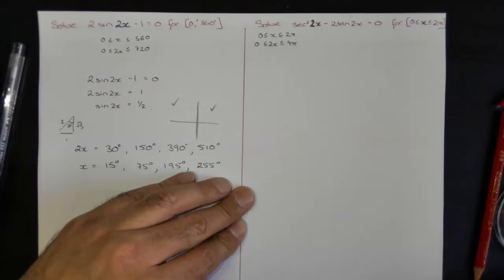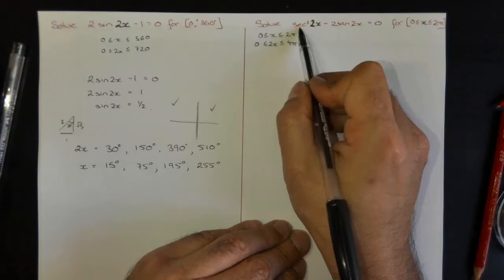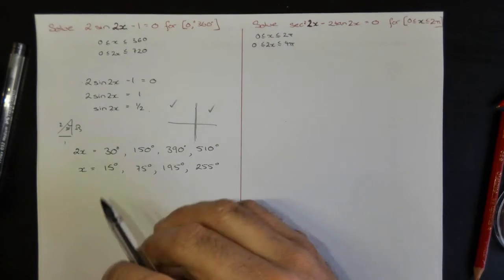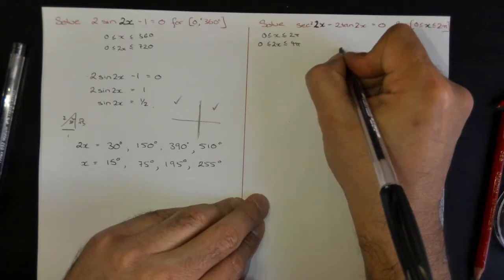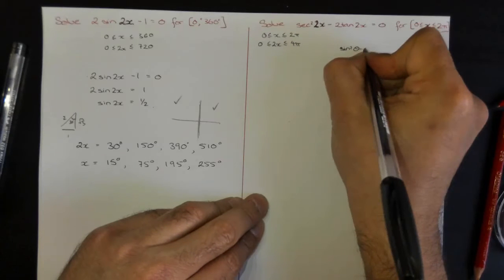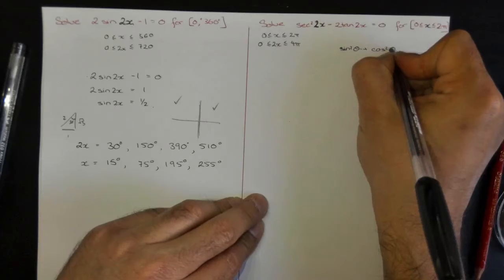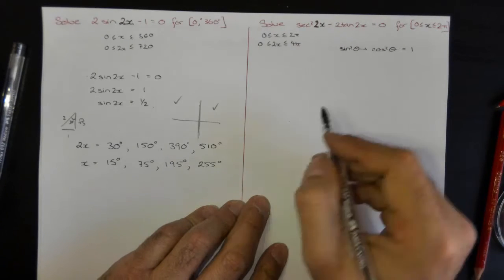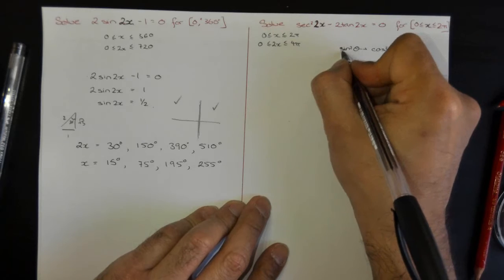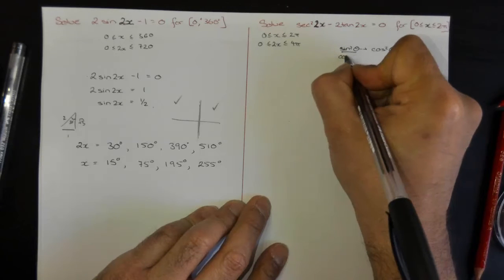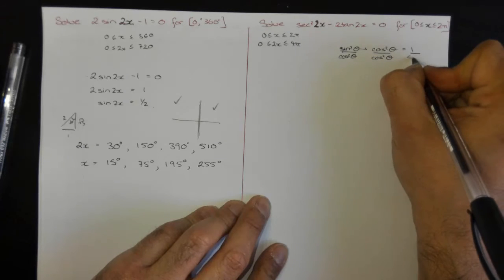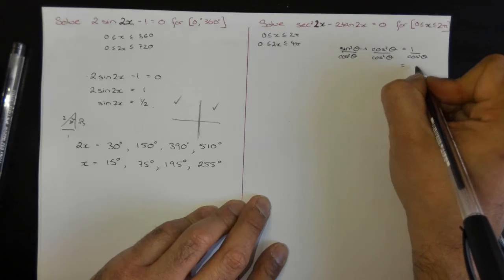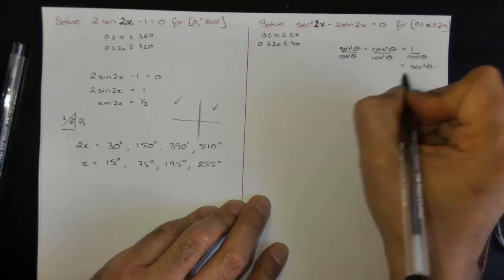Okay, so once again, I've got a sec squared and I've got a tan. So they're not the same. So I've got to somehow manipulate it so that they become the same. Using the identity of sine squared theta plus cos squared theta equals 1, I could divide everything by cos squared. The reason why I'd want to do that is because 1 over cos squared theta gives me sec squared theta.